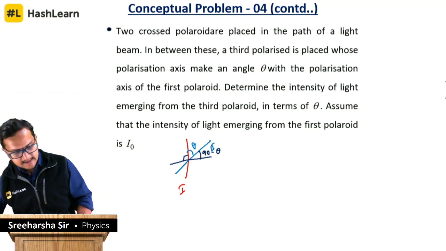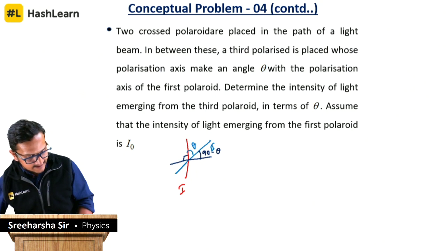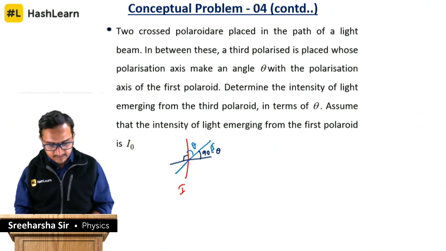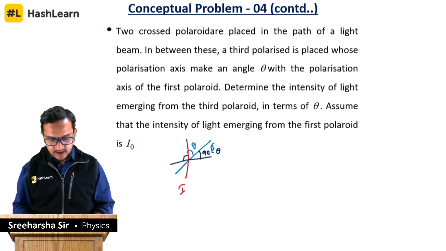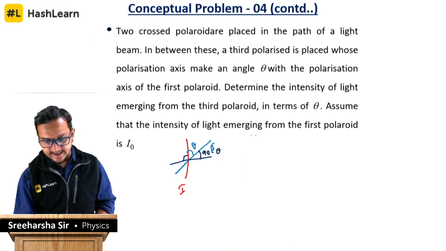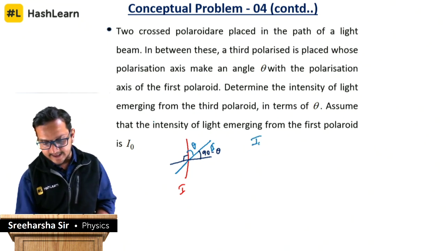So now from this, you have the first light coming out. The light comes from the first polarizer, where I naught is the intensity of light from the first polarizer.